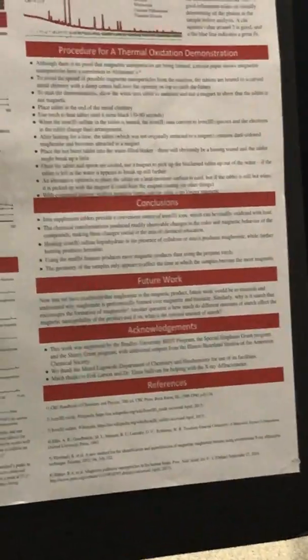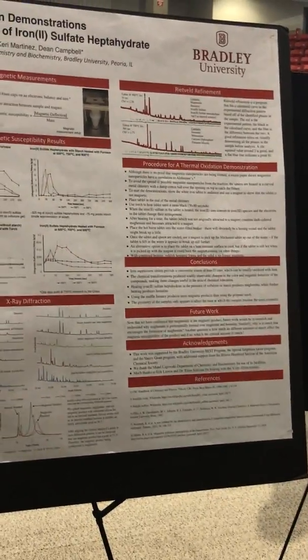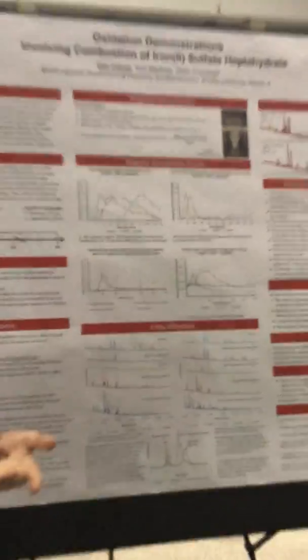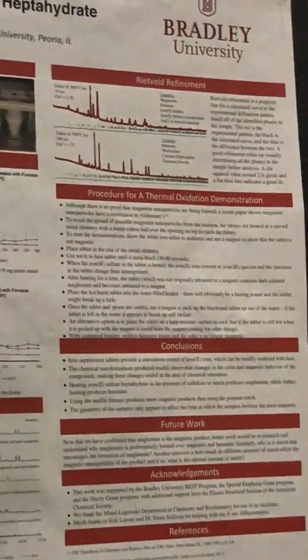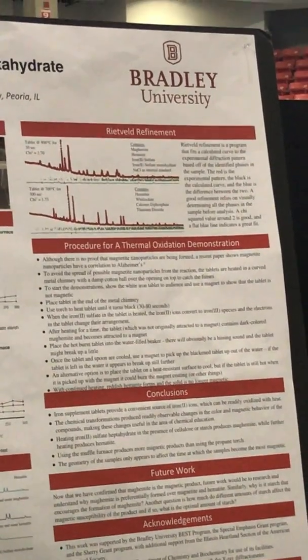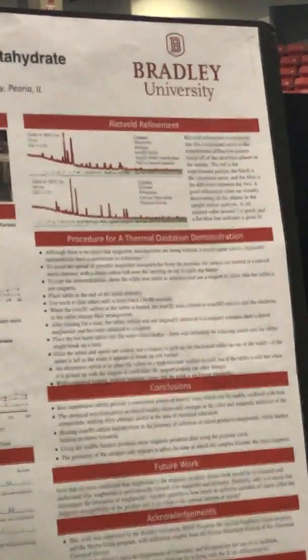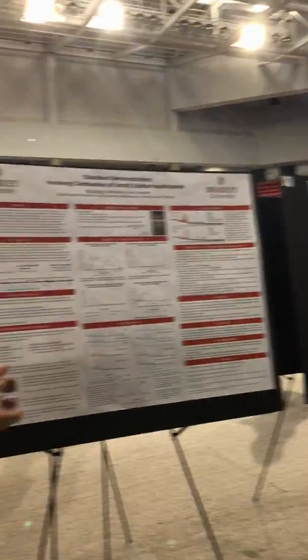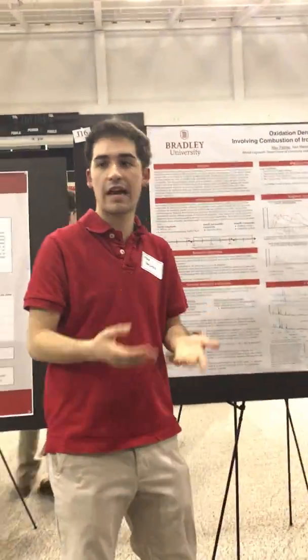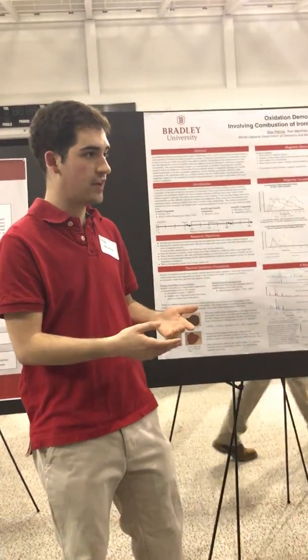So the experimental data is the red, and then if you're able to see, there's a black line in the red, which is the calculated curve. And then the difference between the two is the blue line. So the better the fit, they'll have about equal values, and when you take their difference, it'll be 0, which is a flat blue line. So the flatter the blue line, the better the fit.